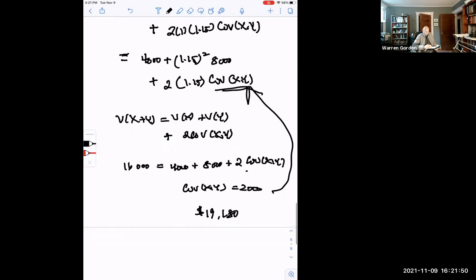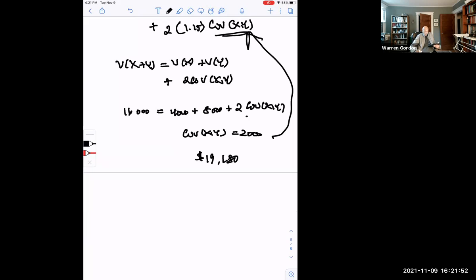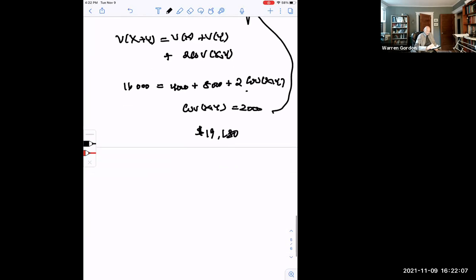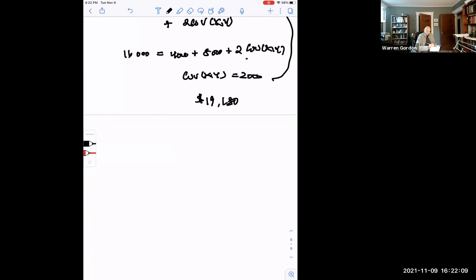Okay, now, I mentioned a little while ago that the covariance in a way measures dependency or linearity or relationship between the random variables X and Y. But the problem with that is it could take a large range of numbers.